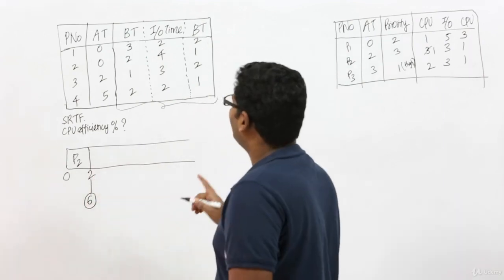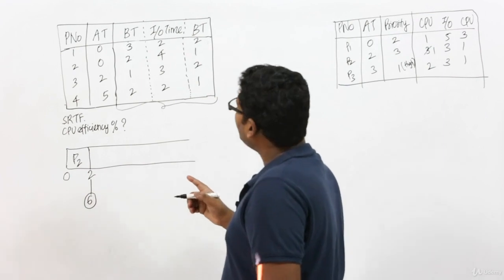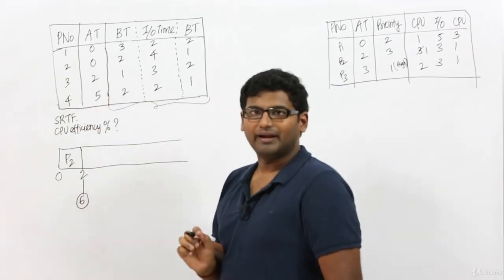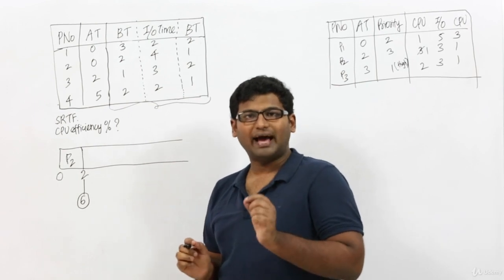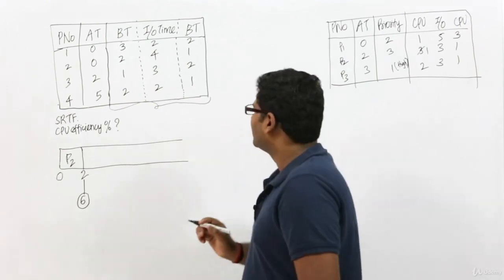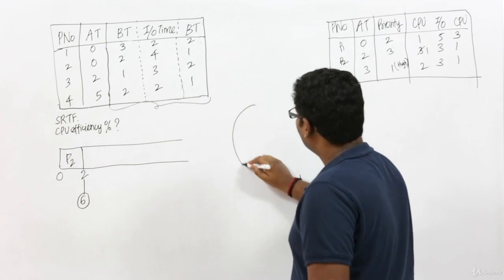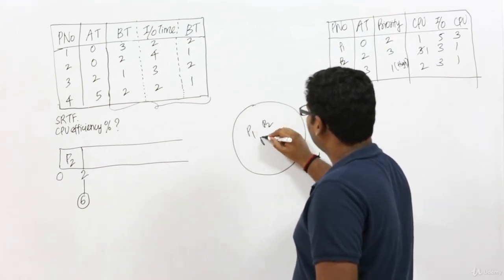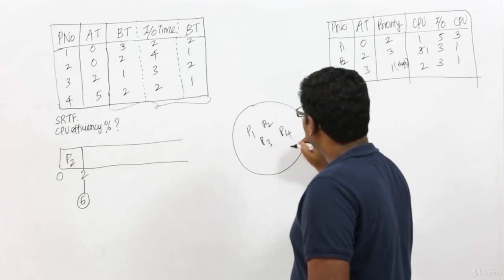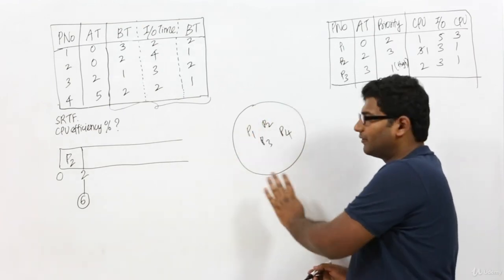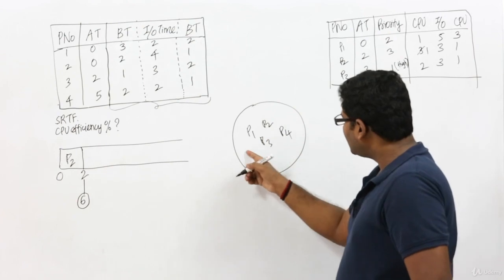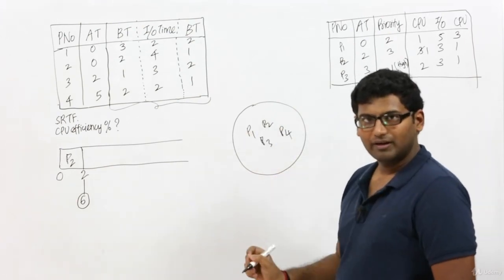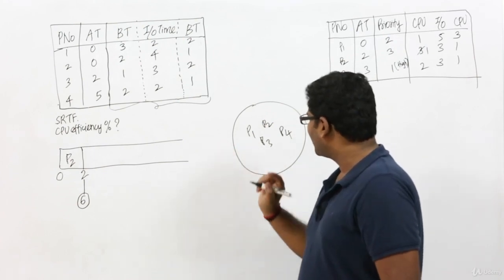Now at time unit 2, as we have already seen, let us assume these are the processes which are present: P1, P2, P3, P4. These are the processes which are in the ready state, which means among these processes, one will be selected by our scheduling algorithm and given to the CPU.